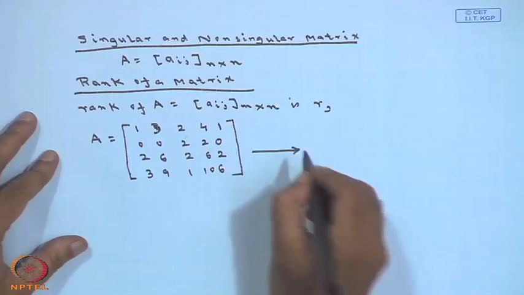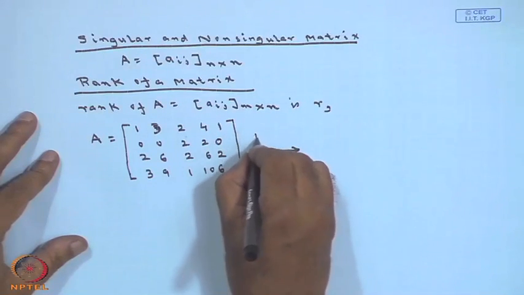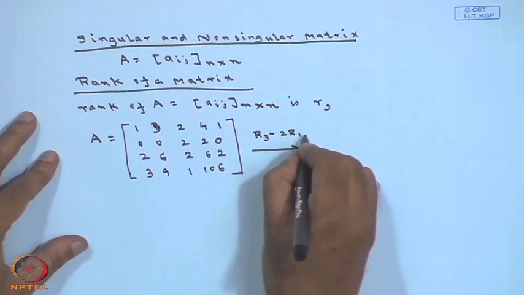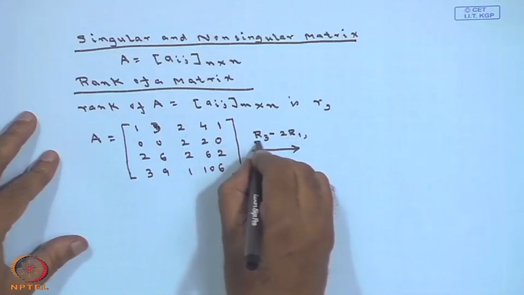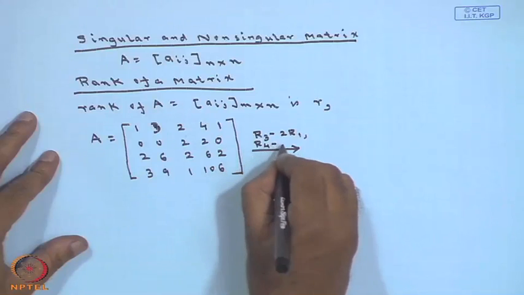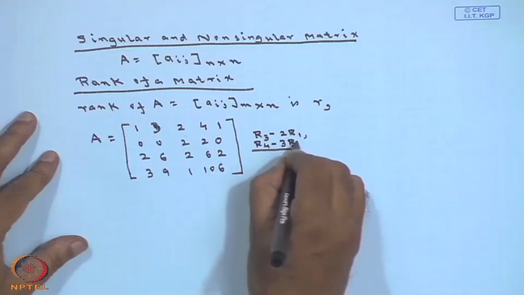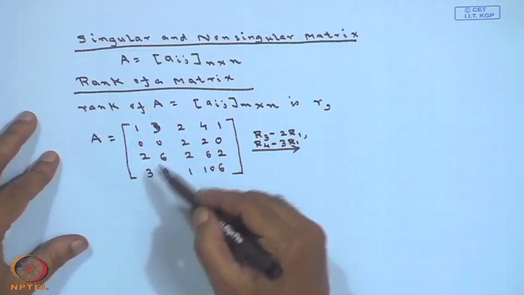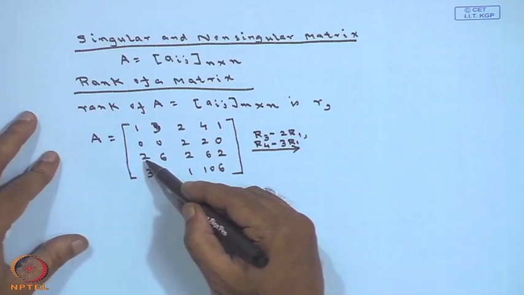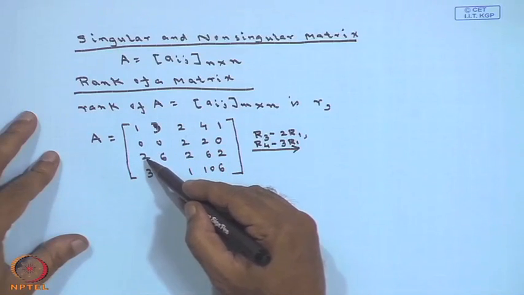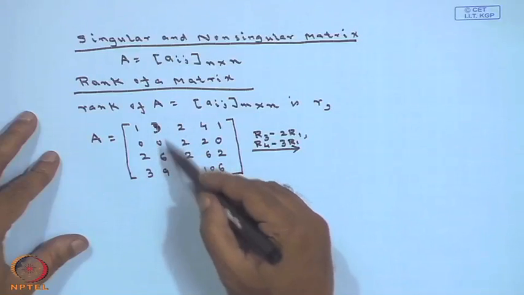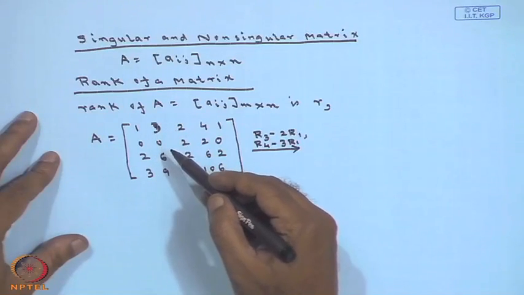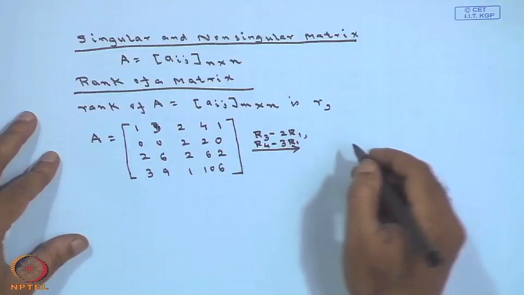One operation I will do is R3 minus 2R1, another one R4 minus 3R1. If I do these two operations, the first element of the third row will become 0. Similarly, the second element of the third row will become 0.